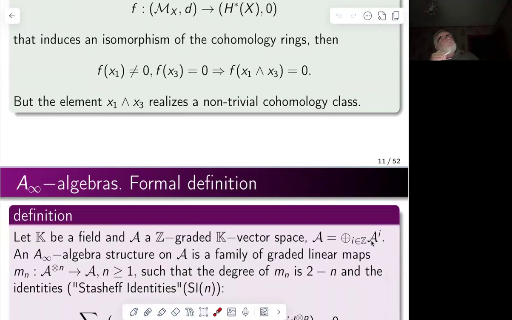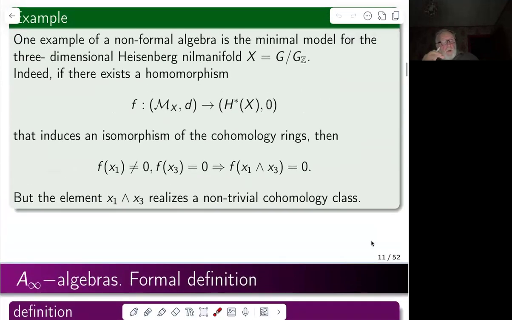I will say that this non-formality implies many interesting things because, for example, it means that there exist symplectic but non-Kähler manifolds. These are the so-called Iwasawa-Kodaira surfaces.